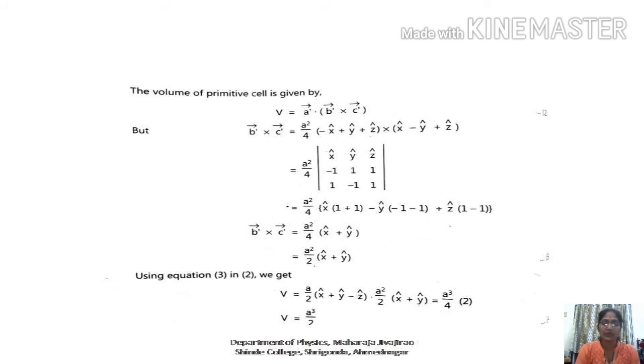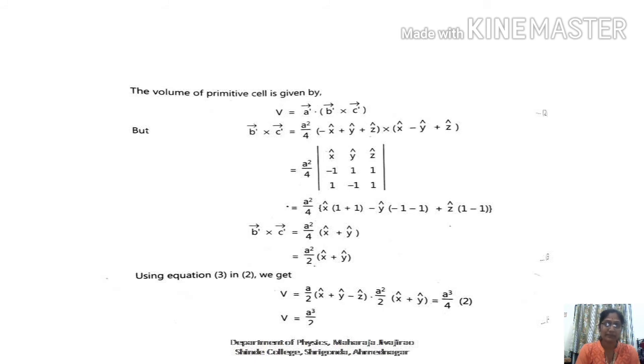So solving this you will obtain V equal to a cube by 4 into 2, because we know that x cap dot x cap is equal to 1 and y cap dot y cap is equal to 1. X cap dot y cap is equal to 0.